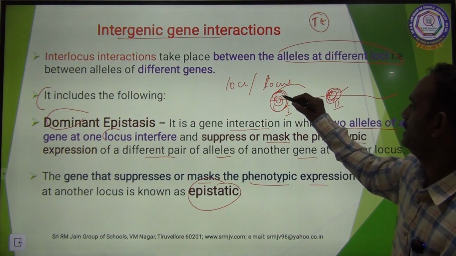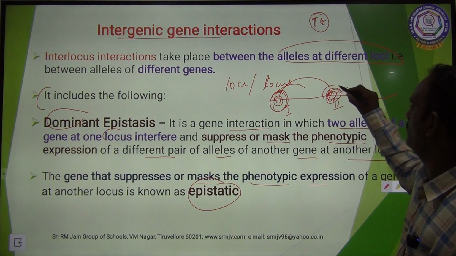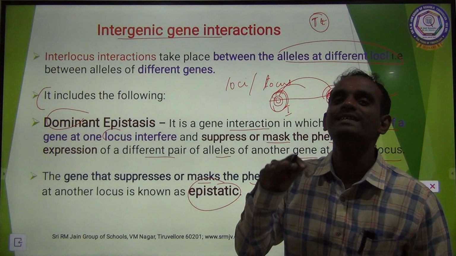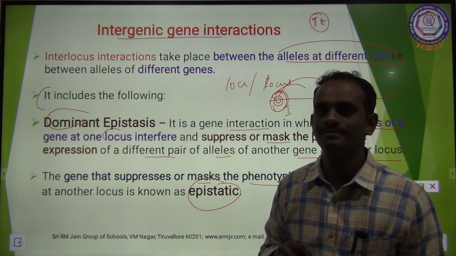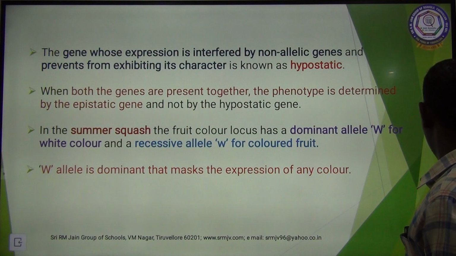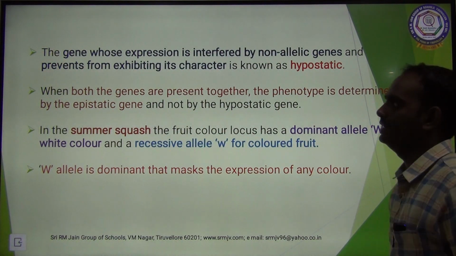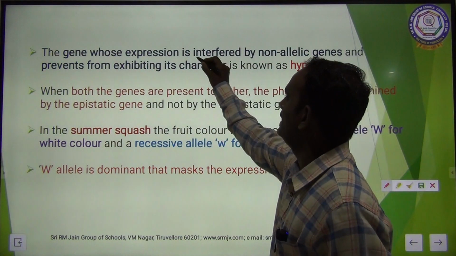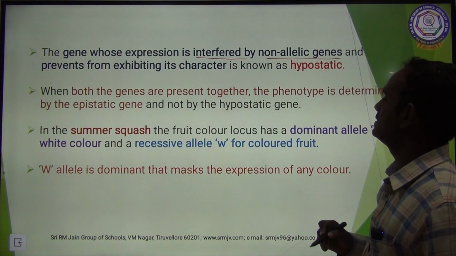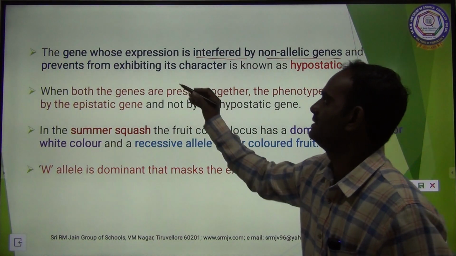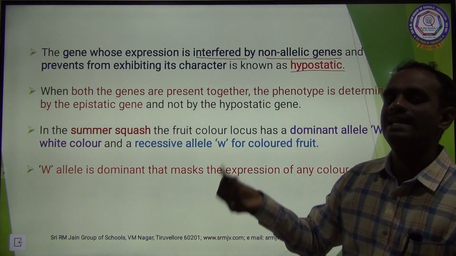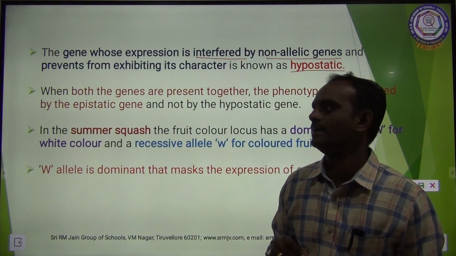Are you getting my point, children? The gene whose expression is interfered with by non-allelic genes and is prevented from exhibiting its character is known as hypostatic. Epistatic, another one is hypostatic.